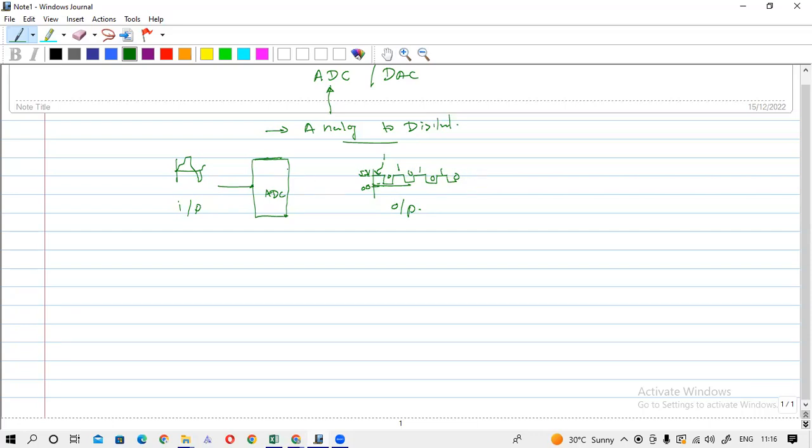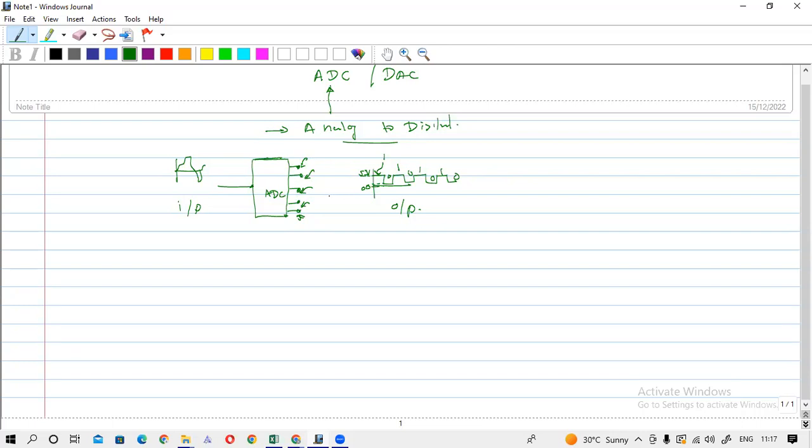The intermediate step is some voltage value. This pin has a high or low voltage value, which you can represent as 1 or 0. In other words, it has a bit, 0 or 1.